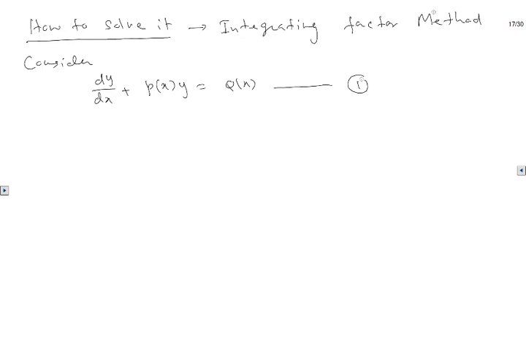Now what we can do, we're going to multiply, because you can see that the left side is not the derivative of a product.